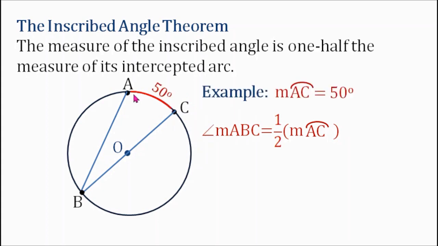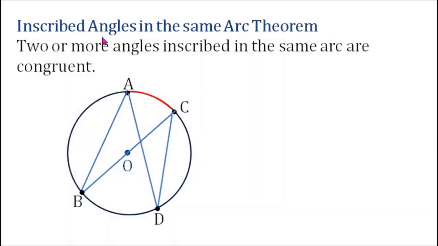Suppose arc AC measures 50 degrees, that means the measure of angle ABC is 1/2 of 50 degrees, which is 25 degrees.